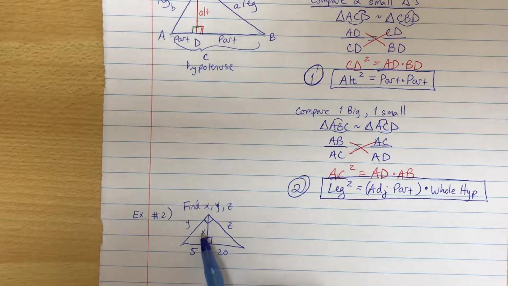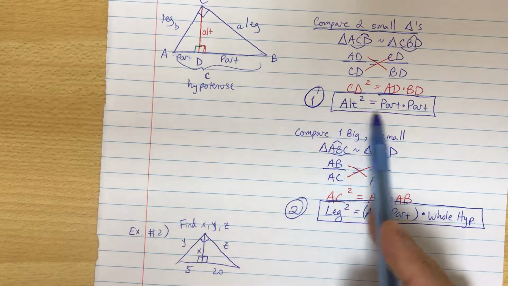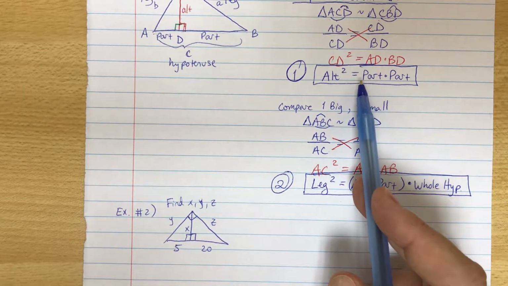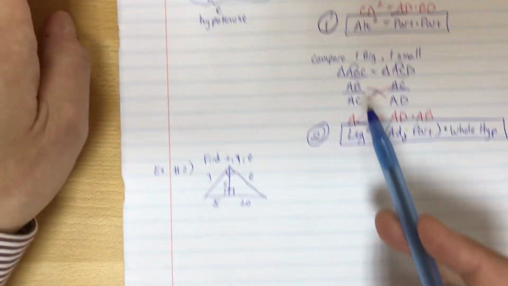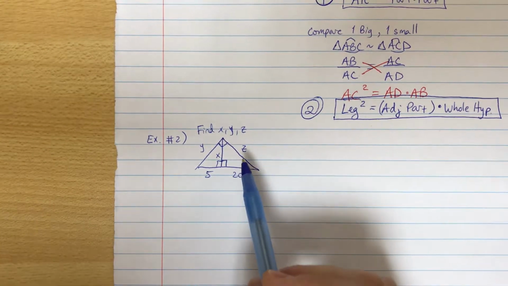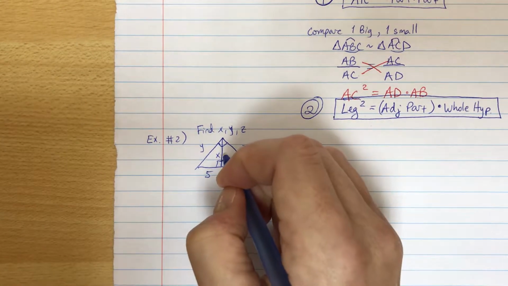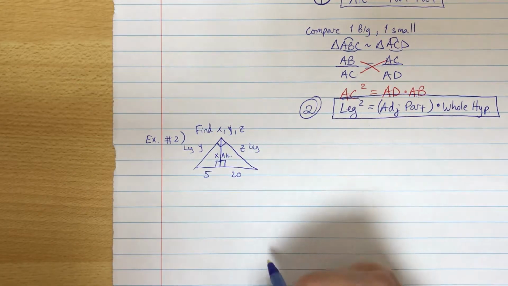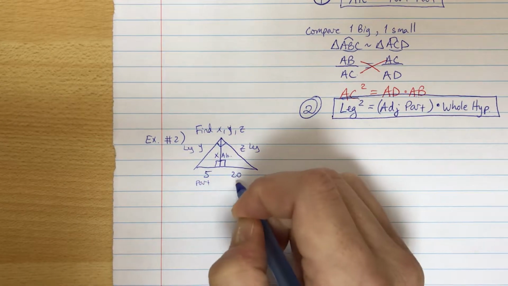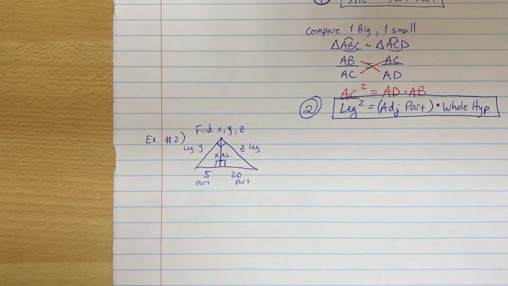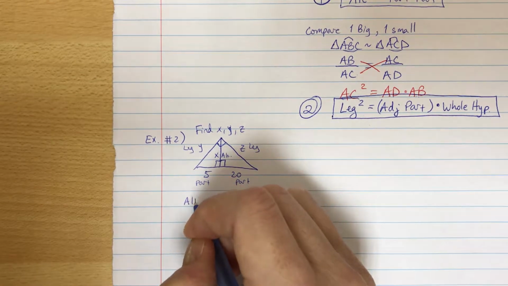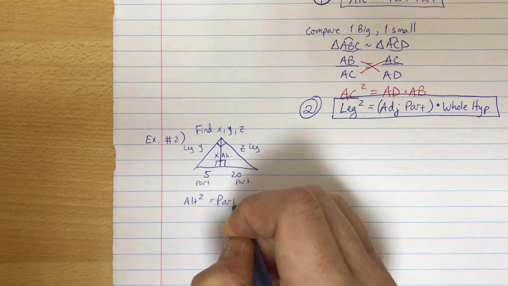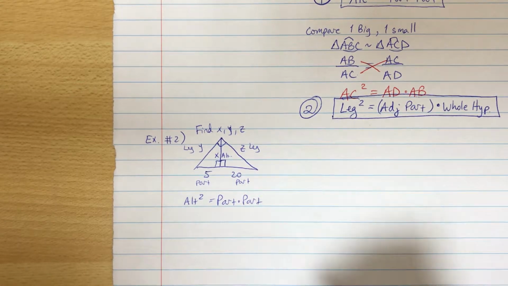Now the easier formula here is to do altitude squared equals part times part. So in this case, let's find x. That's our altitude. Here are the legs, right here. And then the 5 and the 20 are the 2 parts. Okay, so for this example, I'm going to write down the formula. Altitude squared is part times part.